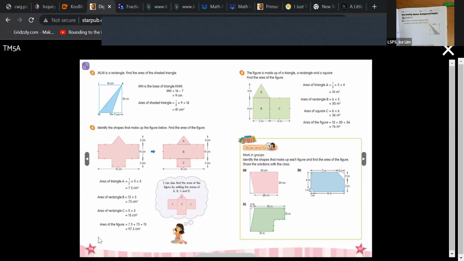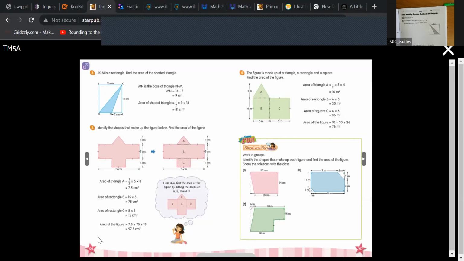Now, I want you to look at your textbook now. Give yourself 3 minutes to study these 3 pages. 3 minutes later, I will ask you, how did they solve the question? Can you identify 2 main methods they use to solve the question? Look at the picture. Page 106, 107. Study the pages now, look through the workings.